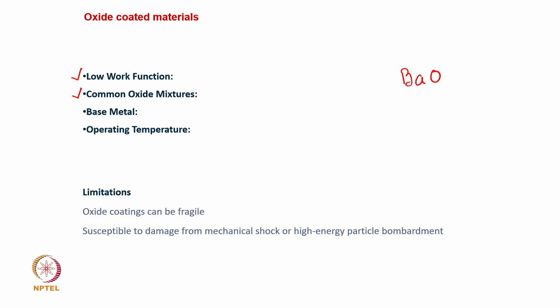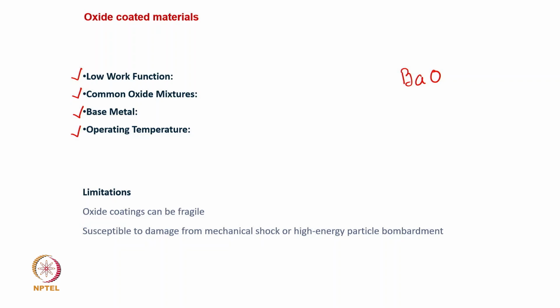Some metals are used as base metal for oxide, and nickel is a very good base metal. So, you use a base metal and make a coating on it. Their operating temperature range is also higher.